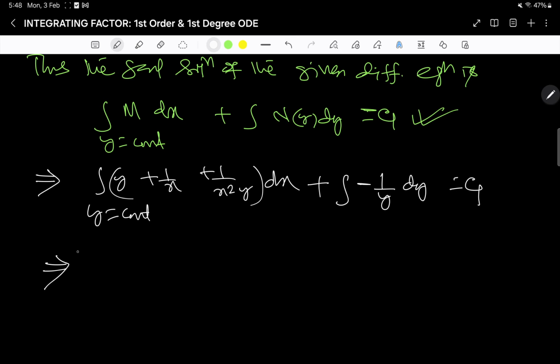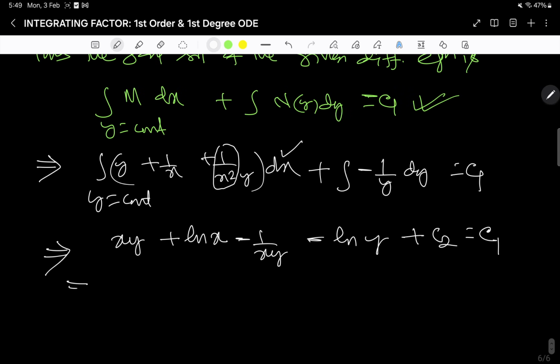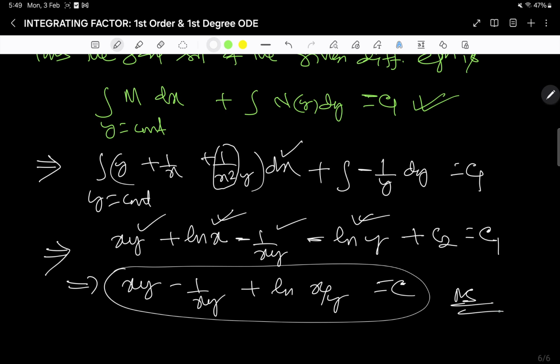Now if I integrate it, it will be xy plus log x, and 1 by y is constant, so it is minus 1 by xy, and minus ln y, and some constant c2 is equal to some c1. So this implies xy minus 1 by xy, and collected together, plus ln x by y is equal to some c. So this is my answer.